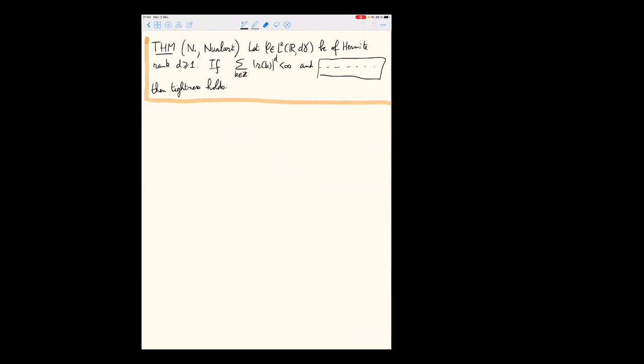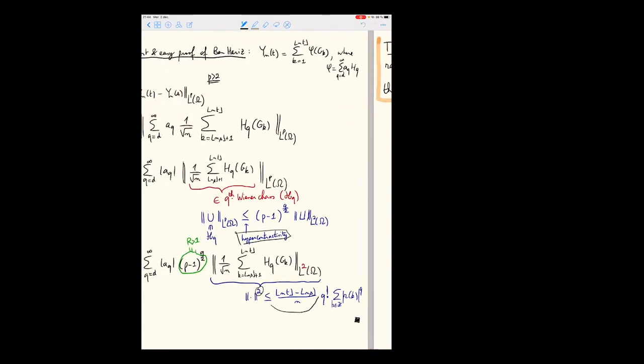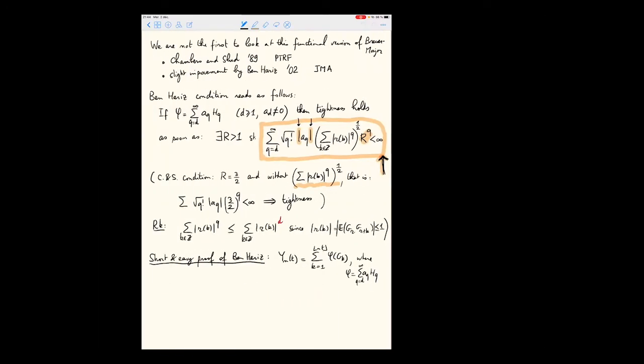And maybe you remember that in the functional version of the central limit theorem, the Donsker theorem, there is no additional property needed to pass from FDD convergence to tightness in D. The usual central limit theorem tells you that if you start with a square integrable random variable, then without any further assumption you have the Donsker theorem, so you have tightness. There is no additional property to add in the usual CLT. If we compare with Chambers and Flood, we have this additional thing.